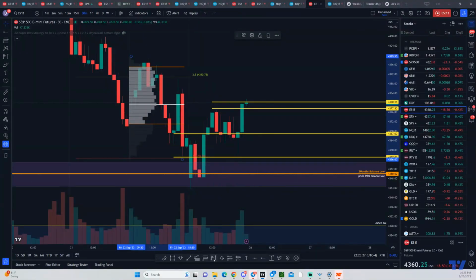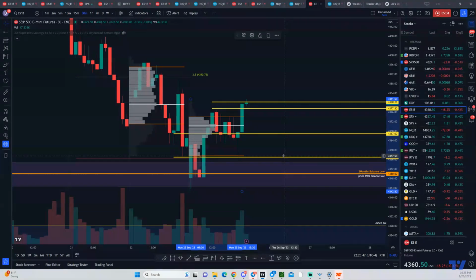If you draw today's profile and you start here at 11:30 into here, you'll see that the POC is right over here, and we have a weekly pivot at this level, which is the value area low. I think it came back down into this zone in ETH and just bounced from there.